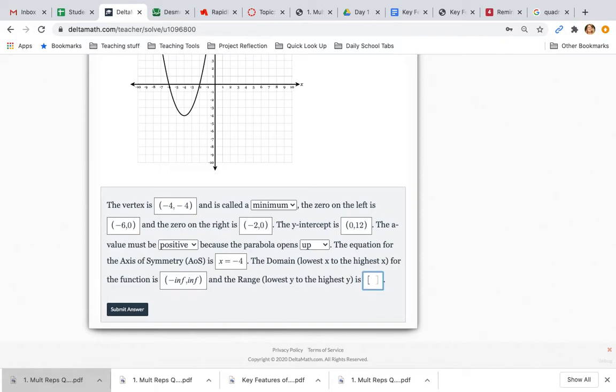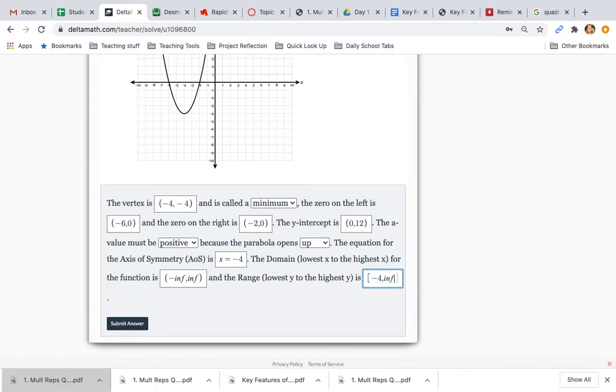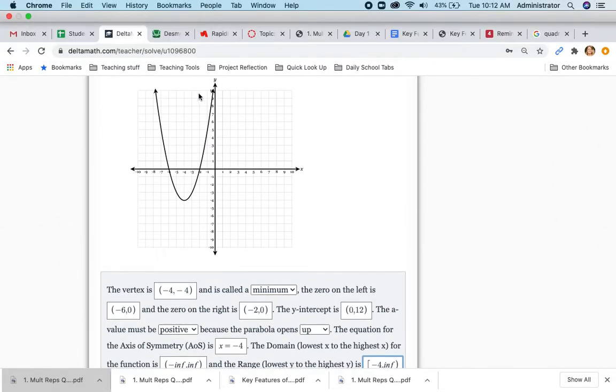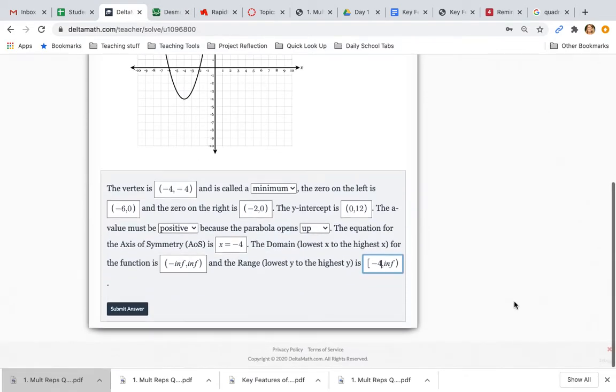So if you look to the right of your P button, P for parabola, you're going to see a left bracket, and beside that is a right bracket. So I'm going to hit left bracket, -4, comma, infinity, so INF, and then shift 0 to do a right paren. Does that make sense, guys? The lowest is -4. The highest is infinity. All right, and that's how you would type it in.